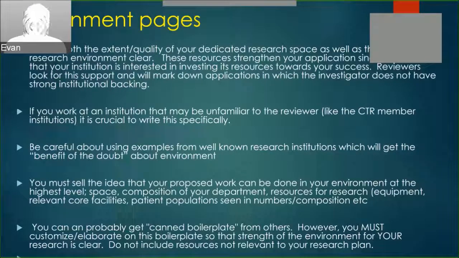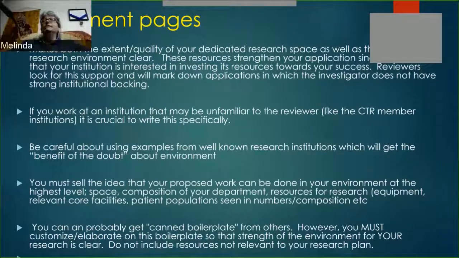I think that's probably one of the biggest mistakes that I see. Some of it is that you might have gotten somebody else's grant as an example, and it has a very, very limited environment page. Usually if you've gotten that grant, it's either from somebody at a better-known institution than those of us who work in IDeA states, or it's a senior investigator.